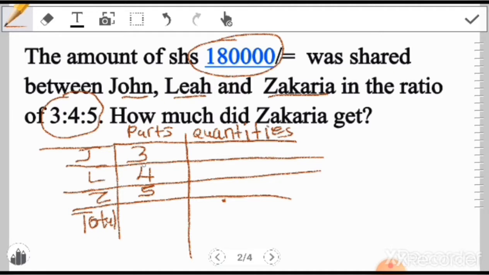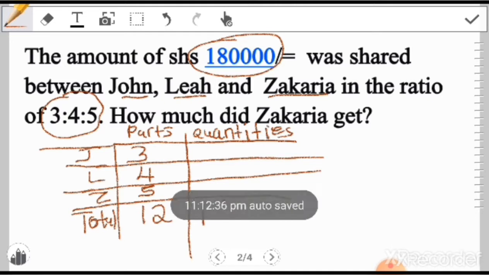The total parts here will be 12. Then we go to the quantities. These 12 parts go with the whole amount, because this is the total amount, so it goes with the total parts.